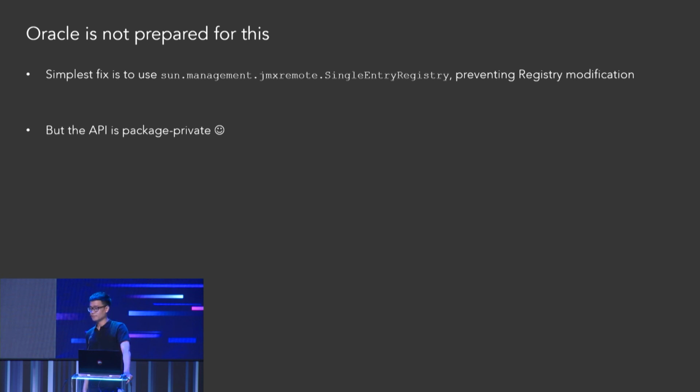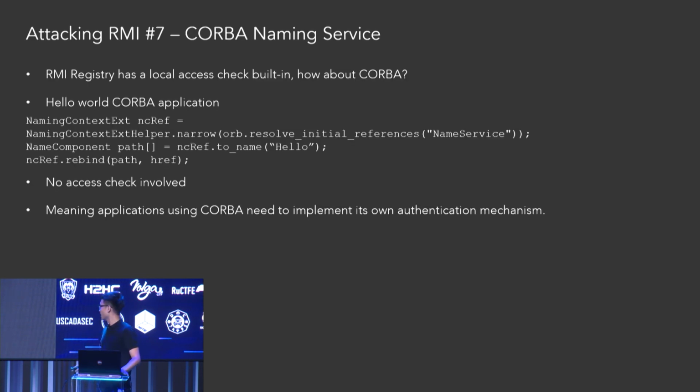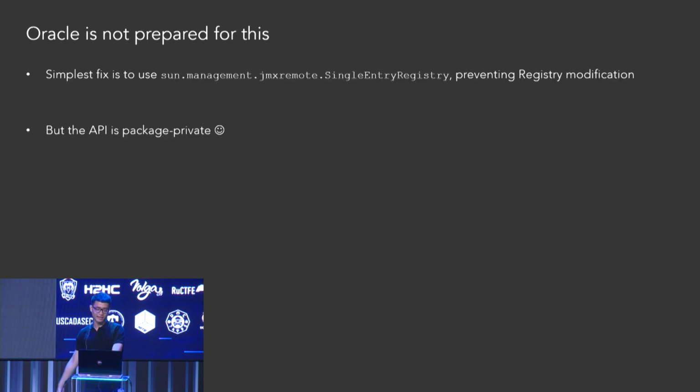But the API is package private, meaning only Oracle can use it, meaning only the classes in the package sun.rmi.registry can use it, and other developers cannot use that package. So that's another interesting note.